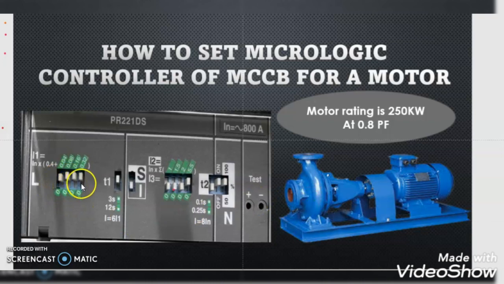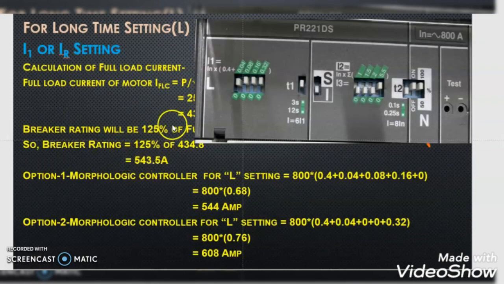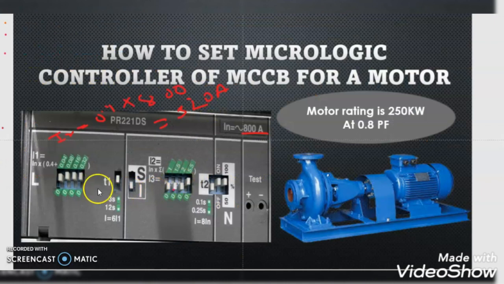Suppose all the dip switches are in the 0 position, then the rated current, IR current, for this circuit breaker will be 0.4 into IN, that is 800. So it will come as 320 ampere. But as per our calculation, the rated current is 543.5 ampere. So what will happen?